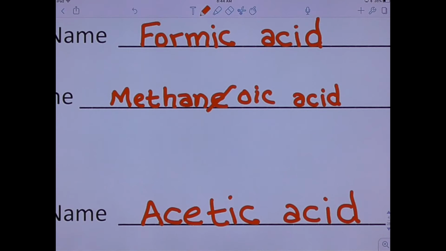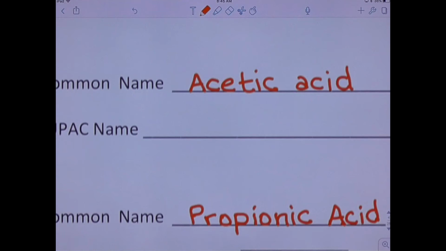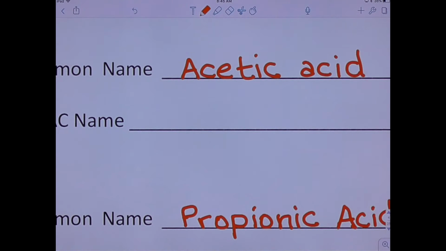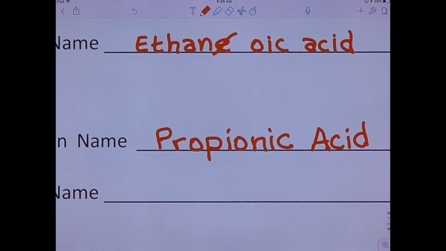And now that you see the pattern, you can probably go down most of the rest of the page, except for that stupid benzene. Oh, look at that. Propionic acid and propanoic acid.